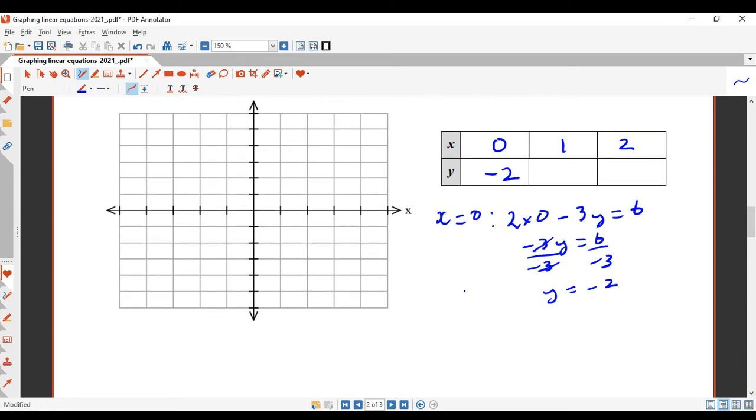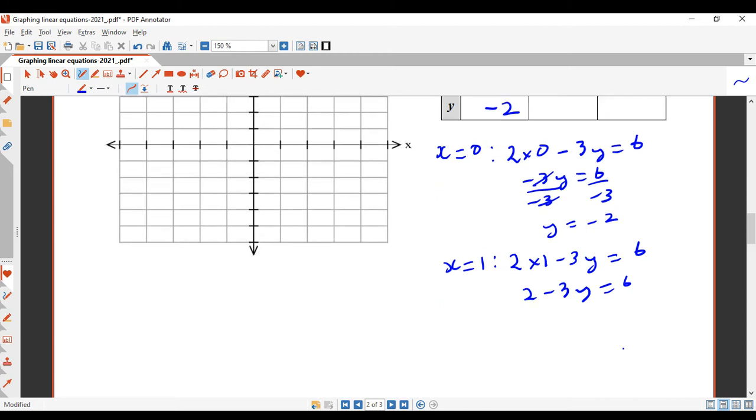Now, let's try x equals 1. Okay, so x equals 1 will have the same working out, except this time the 0 is replaced with the 1 there. So 2 times 1 minus 3y equals 6. It gives me 2 minus 3y equals 6. And then take 2 from both sides.